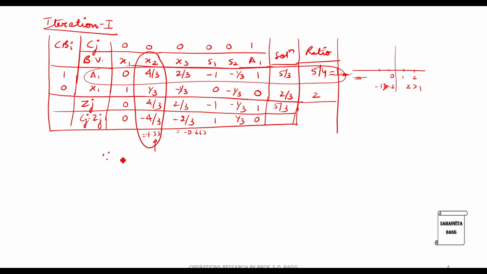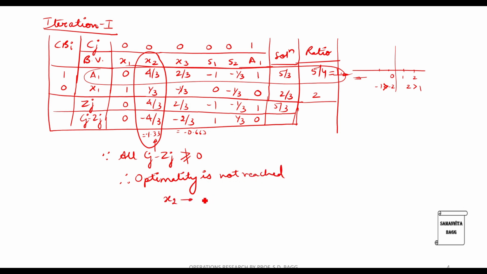So I'll write out here, since all Cj minus Zj are not greater than equal to 0, therefore optimality is not reached and we have X2 as the entering variable and A1 as the leaving variable.